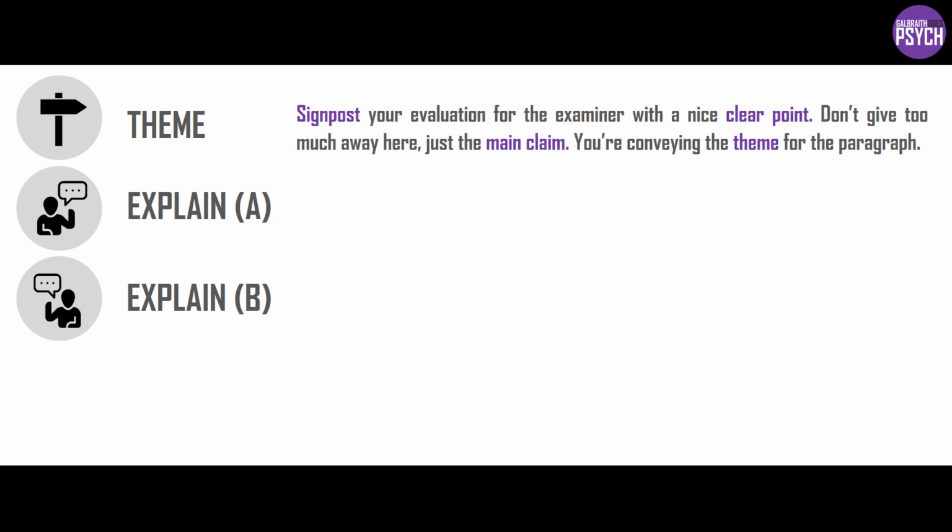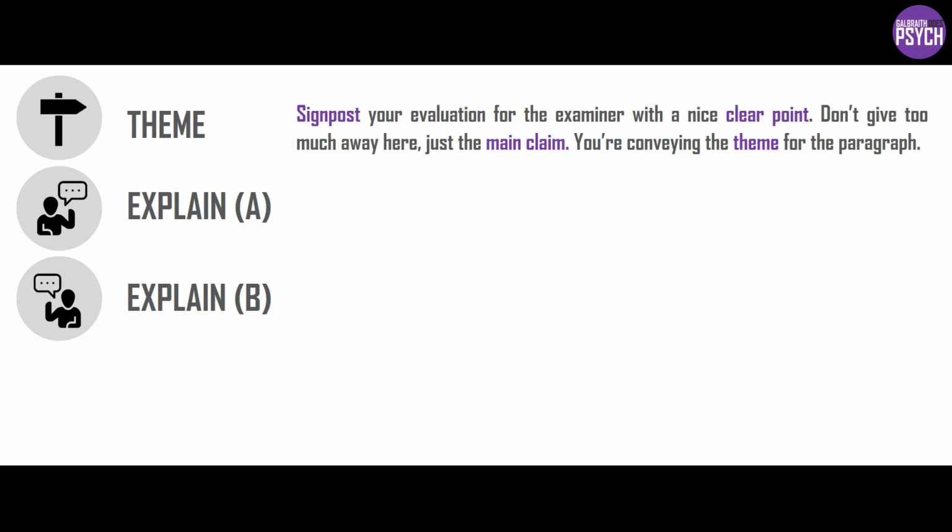So don't give too much away, like with my advice with evaluation, but what is the theme you're going to compare them on? So going back to that social learning theory and cognitive example, you might signpost to the examiner that you're going to be talking about the fact that they both rely on information processing, for example.